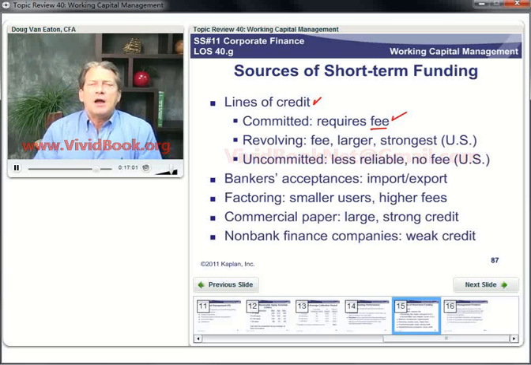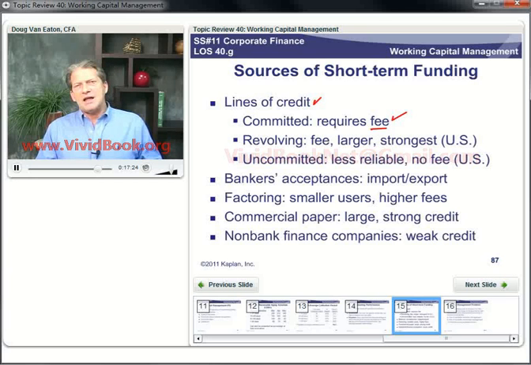Bankers' acceptances arise from import and export. It's basically a bank's guarantee to make a payment so many days in the future. So it's like a pure discount note. It's like saying, this bank will pay $200,000 on such and such a date. And so those are sold at a discount.